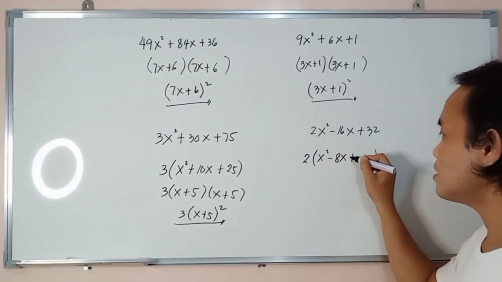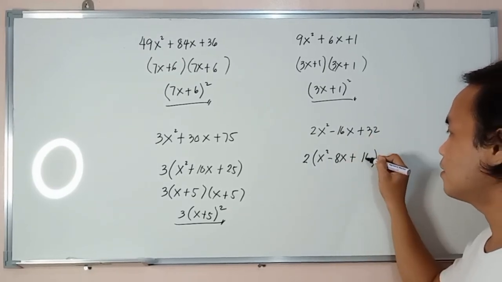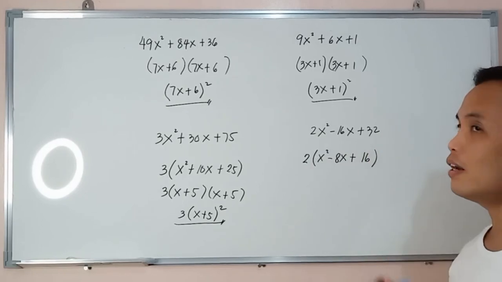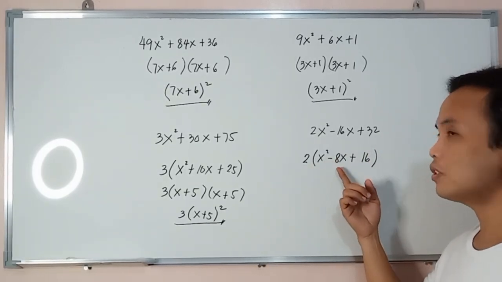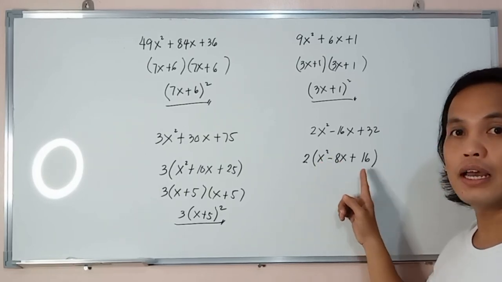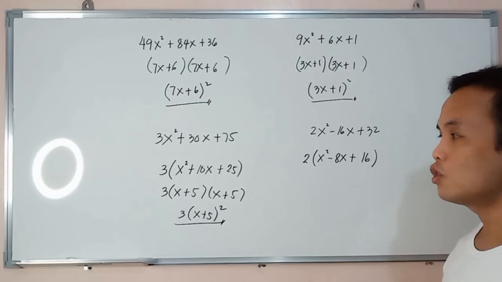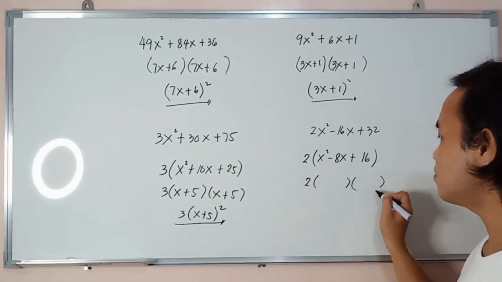Then we copy plus. What remains with 32 shall be 16, because 16 times 2 will give us 32. This time, we have here x squared minus 8x plus 16. So x squared is now a perfect square, and 16 is also a perfect square. So we can factor this out. We copy the 2, and we have these binomials.